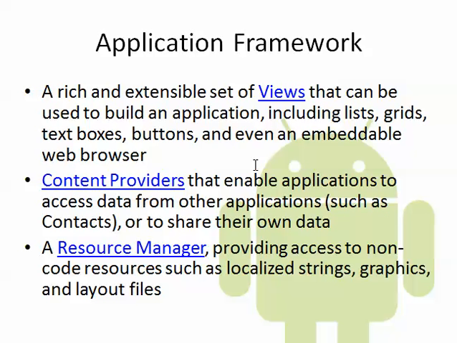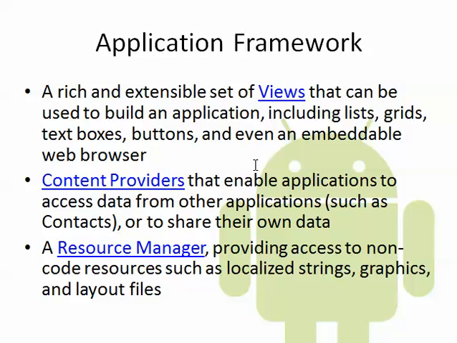Again, we have what we call views, and we need that to create applications, and like I said, we need it for the user interface. For example, when we talk about text boxes, buttons, or grids, or layouts, and so on. Content providers let applications access data from other applications, like the most typical one, your contacts, or sometimes we want to get information about an app.